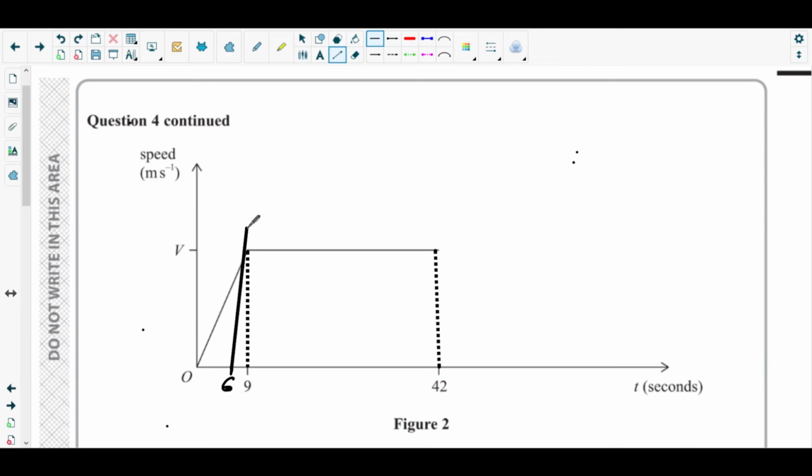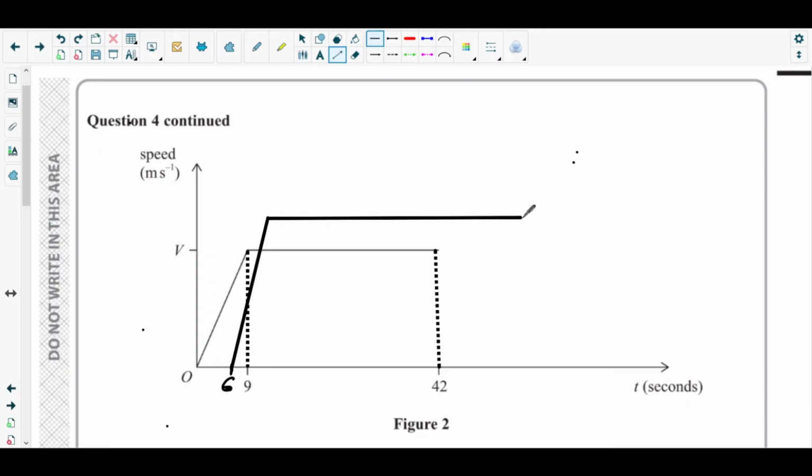Definitely it will be steeper than the speed time graph of cyclist P, because it is reaching a greater speed. So while accelerating, the graph is steeper. This is 3.6.